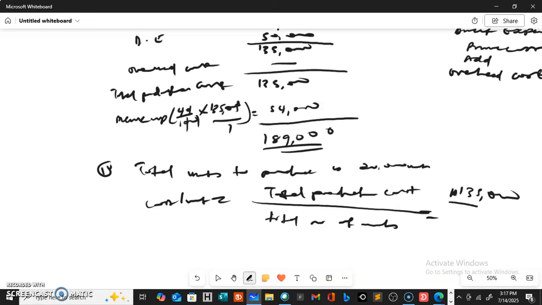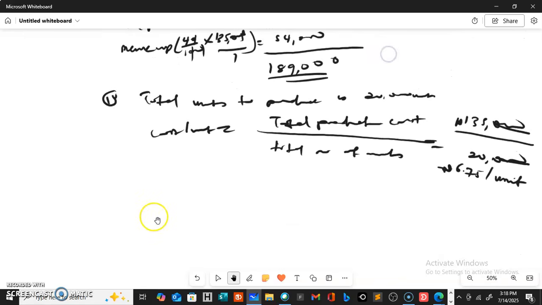Please don't forget your naira sign, divided by 20,000. So let's cancel this off. That's 135 divided by 20. That is 6 naira 75 kobo per unit. That is that for the cost per unit.